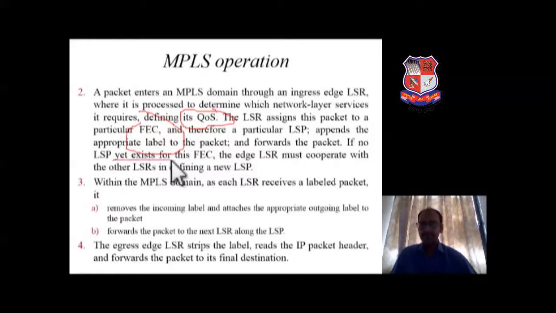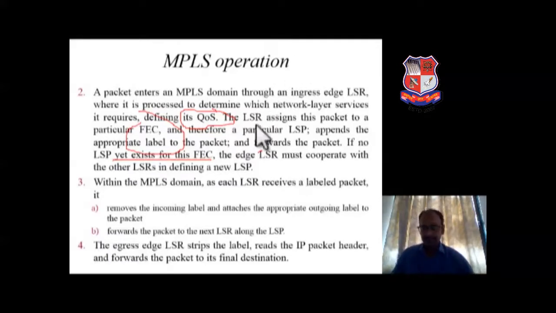If no LSP yet exists for this given forwarding equivalence class, then the edge LSR must cooperate with other LSRs in defining a new LSP. I already told you this during the discussion of the diagram. Now once it has pushed this flow of data, or we can say datagram, inside the MPLS domain, that is the second phase.